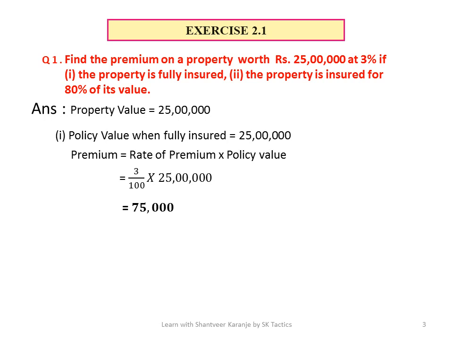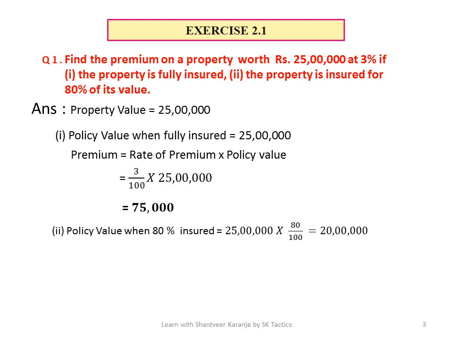Similarly, for the second question, first of all we need to calculate the 80% of property value. So policy value when 80% insured: 80% of 25 lakh can be calculated as 25 lakh into 80 by 100, which comes to 20 lakh.